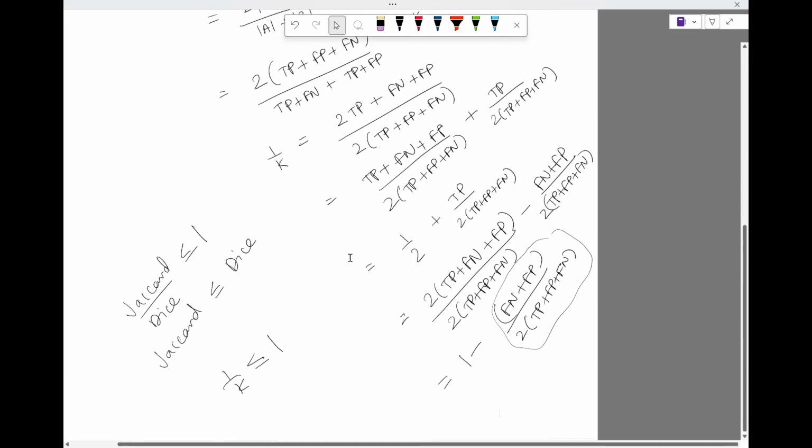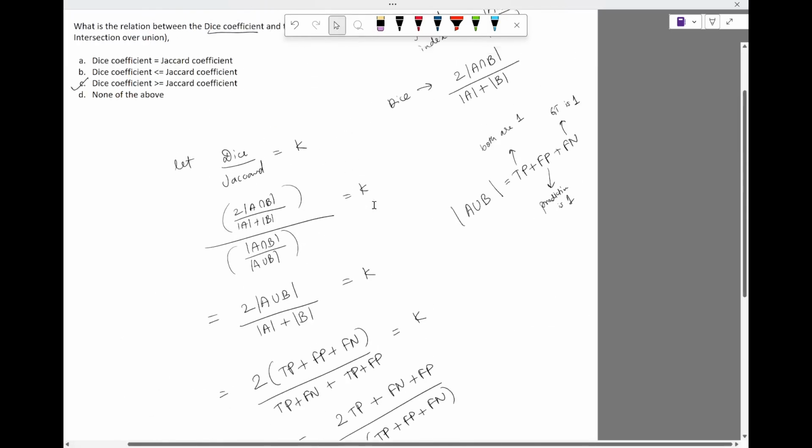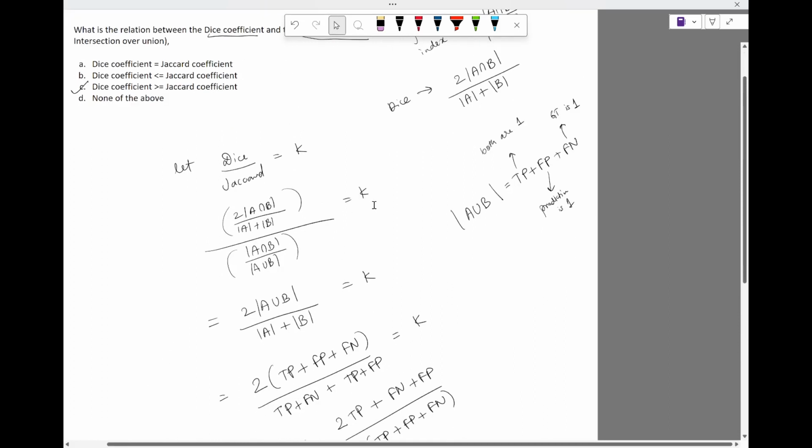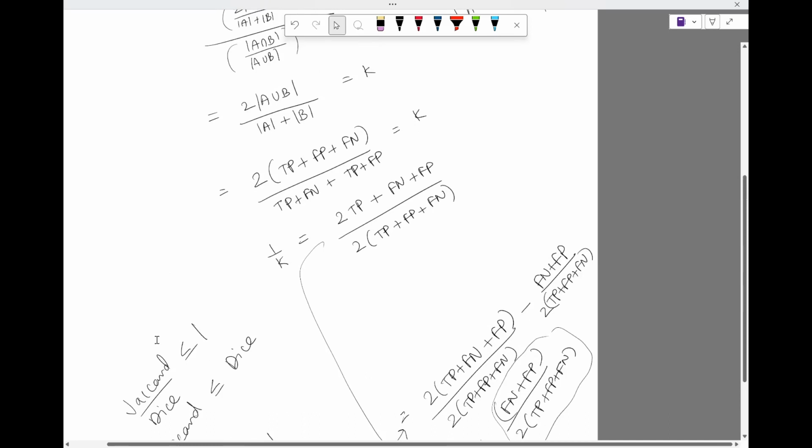Okay, so we just used the ratio of the Dice and Jacquard coefficient to find out if there is some relation between these two, and we wrote these coefficients in terms of the confusion matrix values: true positive, false positive, false negative.